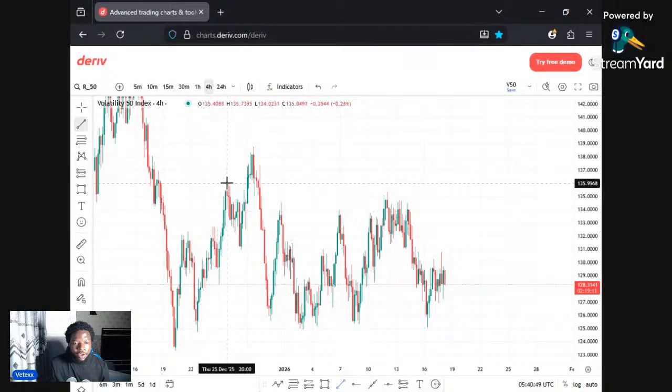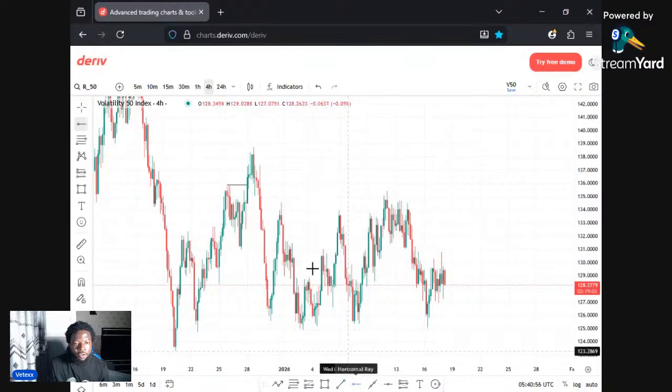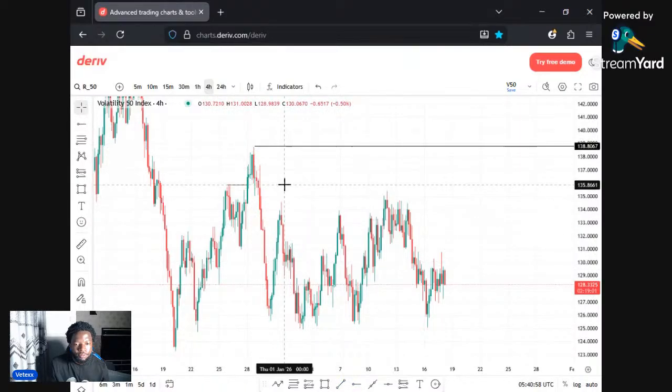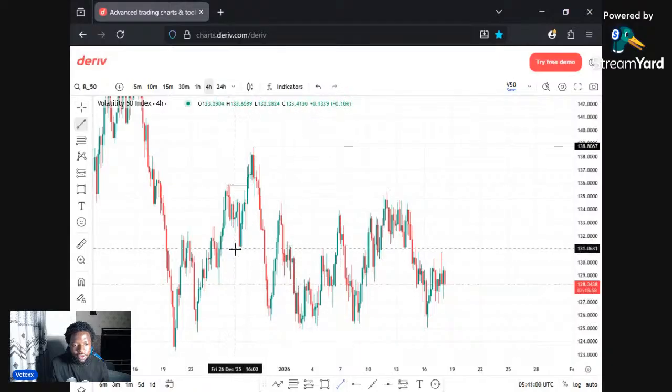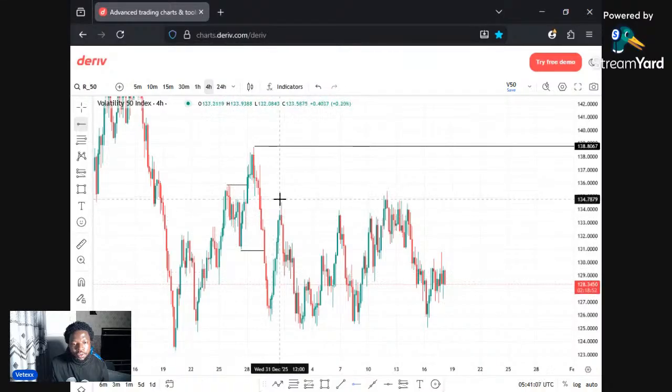See clearly we have a sweep of liquidity right here. Secondly, we have our protected high. We have our first break of structure. We have price retrace 50% to give us our structural liquidity.